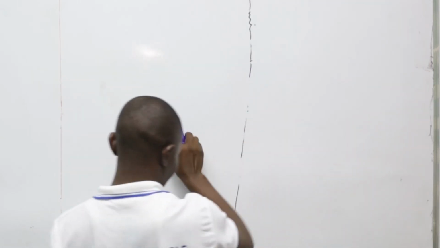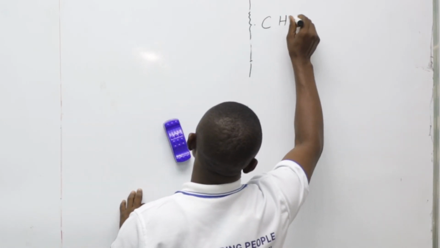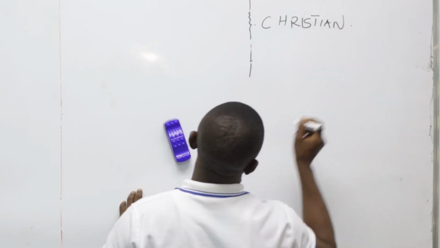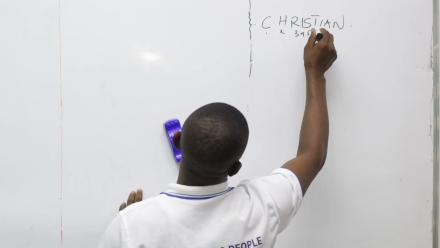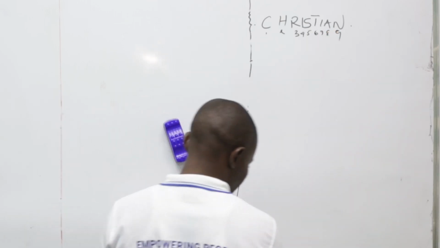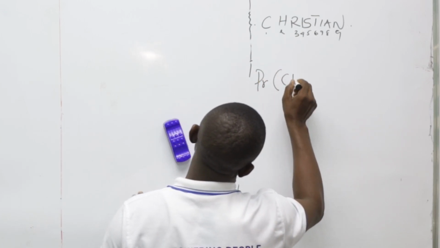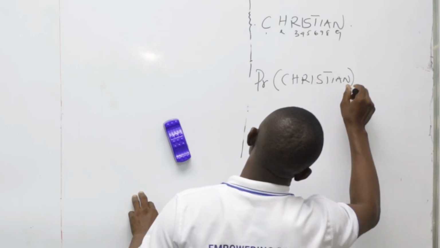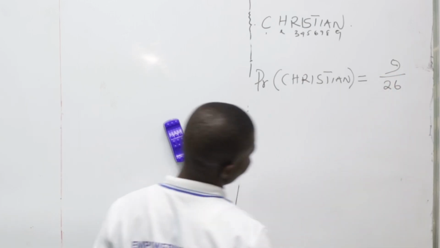You now begin to count how many letters are in it: 1, 2, 3, 4, 5, 6, 7, 8, 9. So we have 9 letters. So the probability for the name Christian equals 9 all over 26.